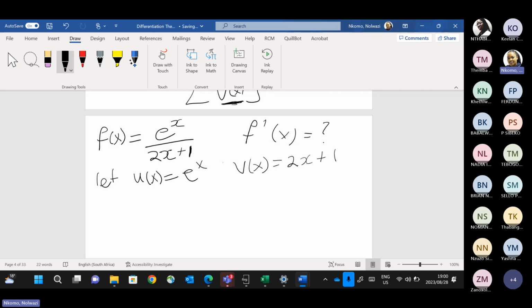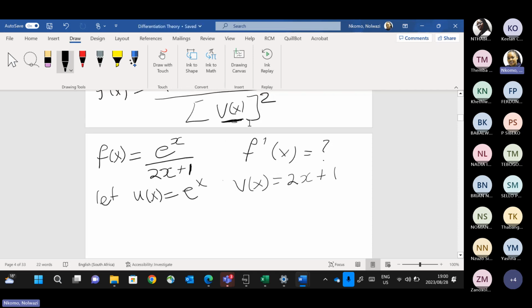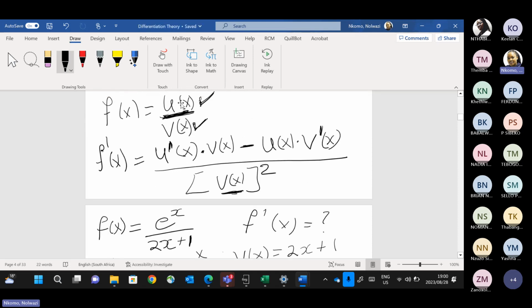We now have our u and v. For us to apply the quotient rule, we first have to find u prime and v prime from our u and v.